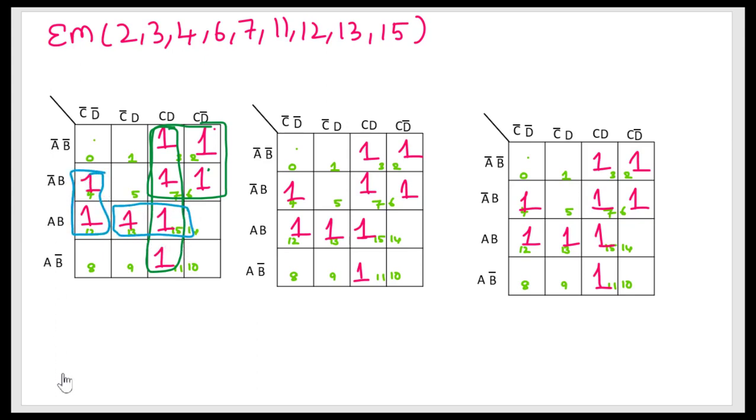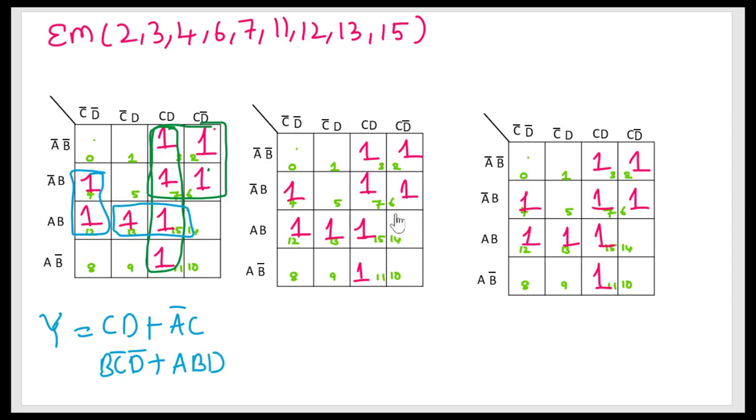Now if you write the output expression, for this quad it is CD, and for this quad it is A bar C. For this pair it is B C bar D bar. For this pair it is A B D. So this is the first possible solution for the given K-map.